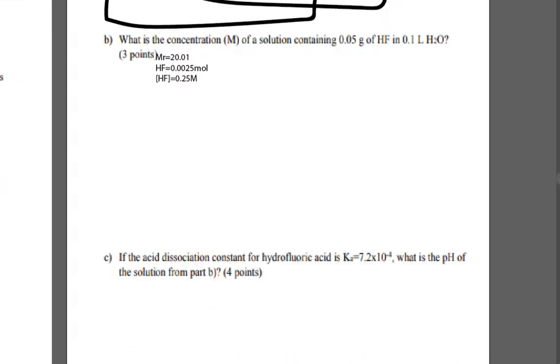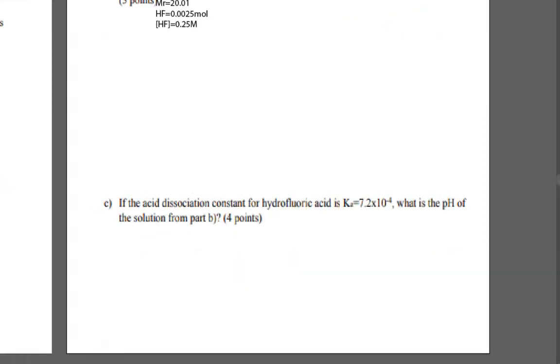And then C. If the dissociation constant for hydrofluoric acid is Ka equals 7.2 times 10 to the power negative 4, what is the pH of the solution from part B? Well, we can actually just know what is Ka.